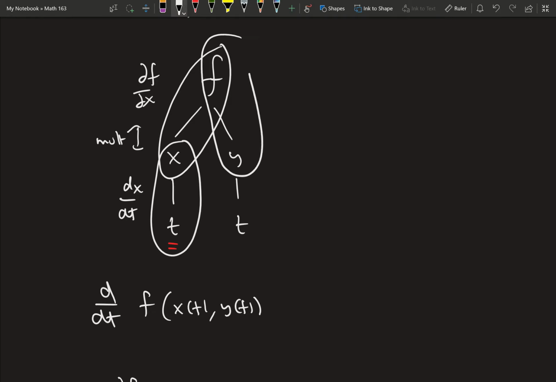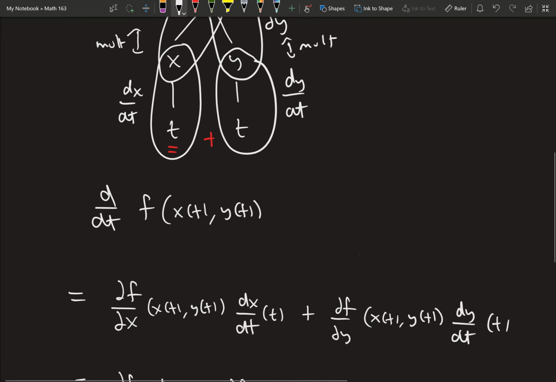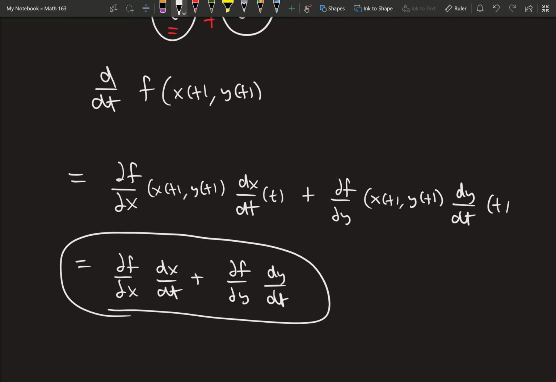The next column is del f del y. Oops, I have a del here, not a d. Del f del y, and then I have a dy dt. And between separate columns, I add. So I have multiplication going down each column, but then separate columns I add. So that results in exactly what we have right here.